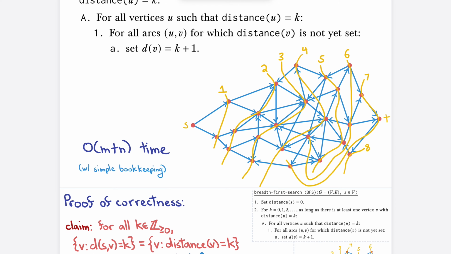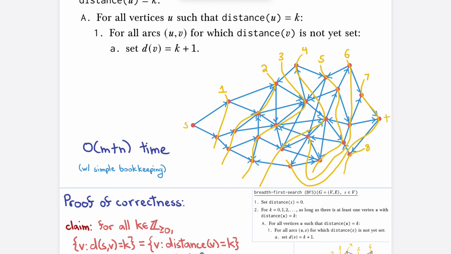If we actually want to prove it's correct, it suffices to show, for every one of these values, that the set of vertices that get value 10 are the ones with actual distance 10. Ultimately, we want to show that all the distance labels match the true distances.